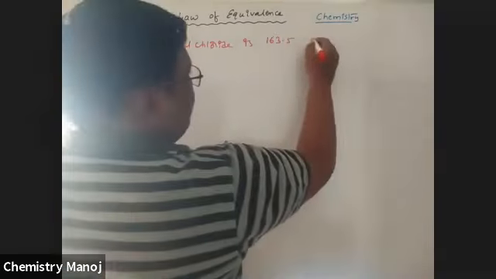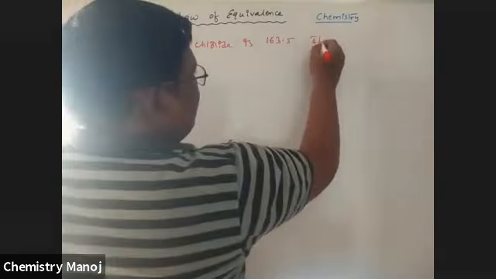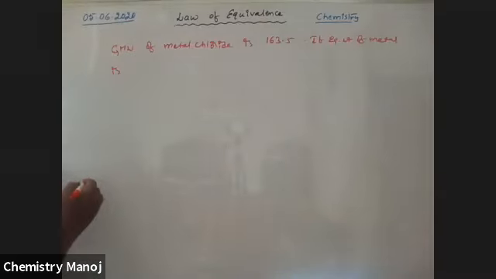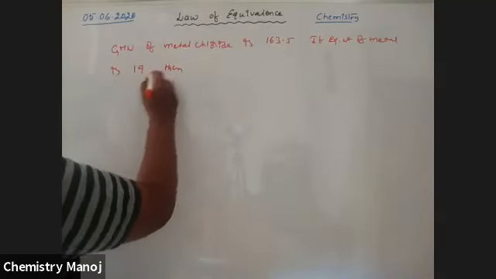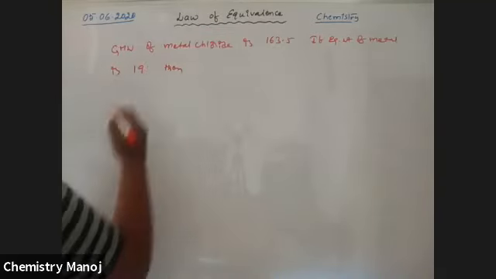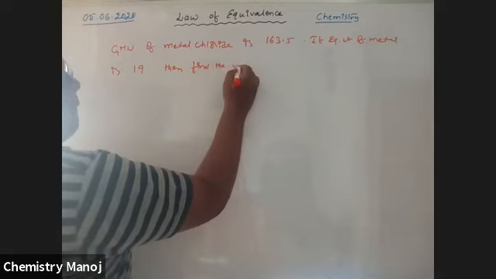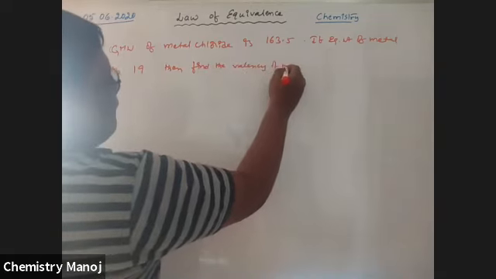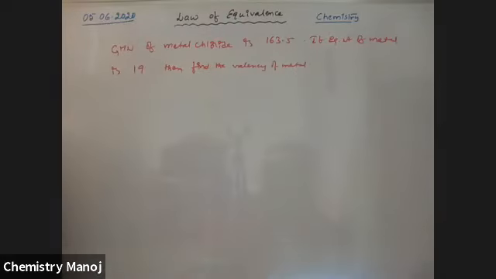If equivalent weight of metal is 19, then find the valency of metal. Try it.